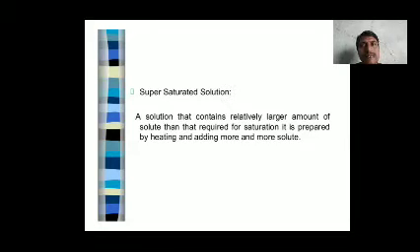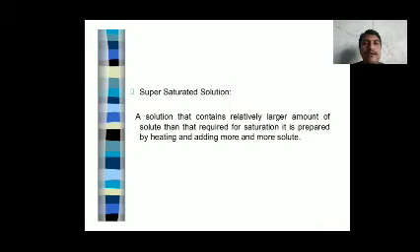By physical state, solutions are three types: gaseous solution, liquid solution, solid solution.